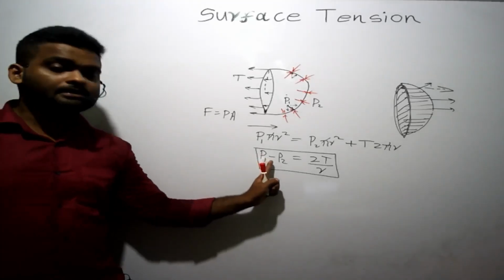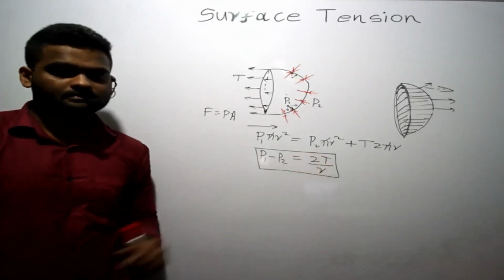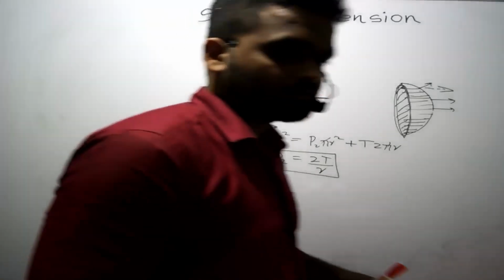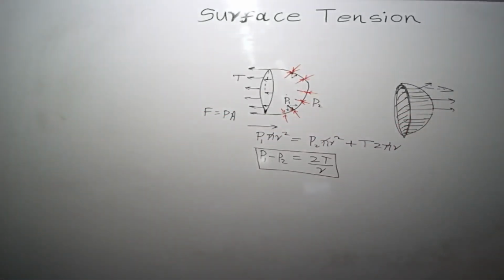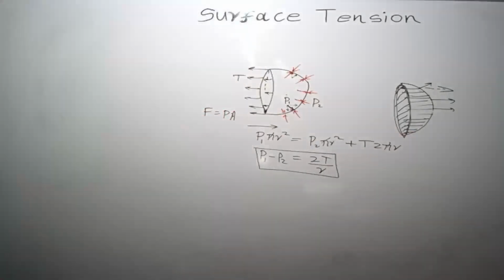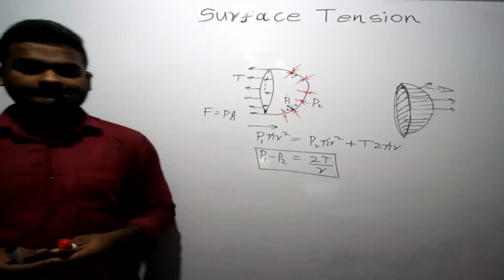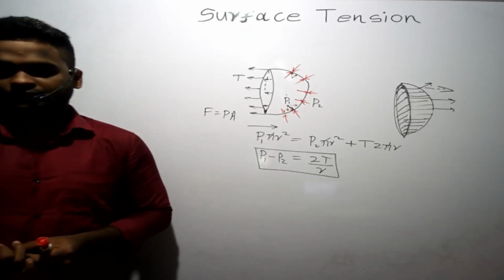This is the pressure difference, 2T divided by R. Take it down. If you have a problem, let me know.